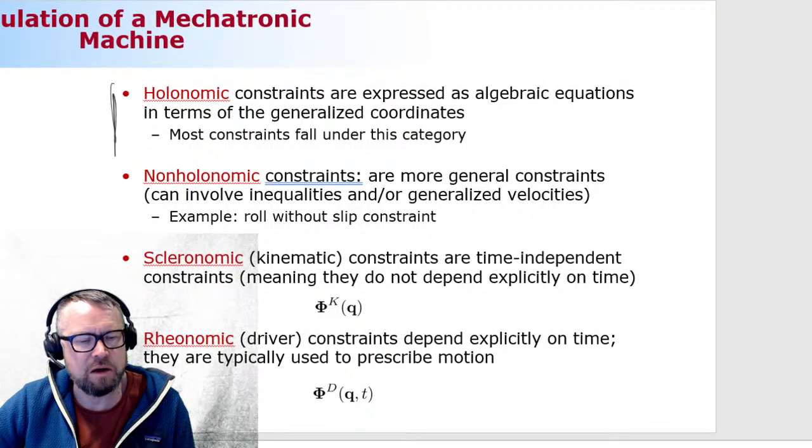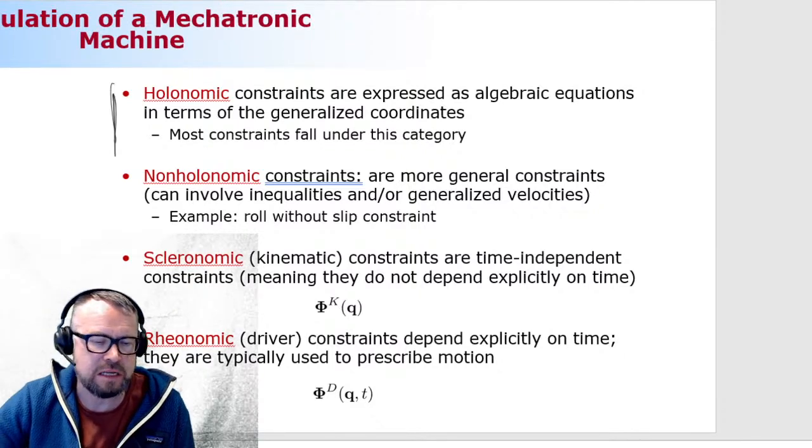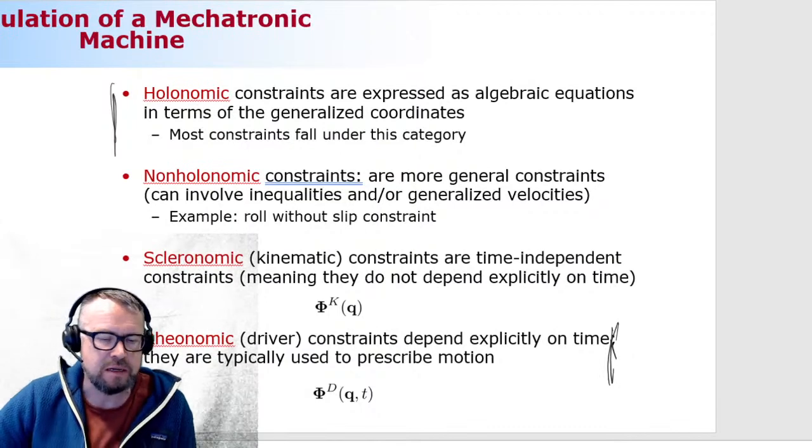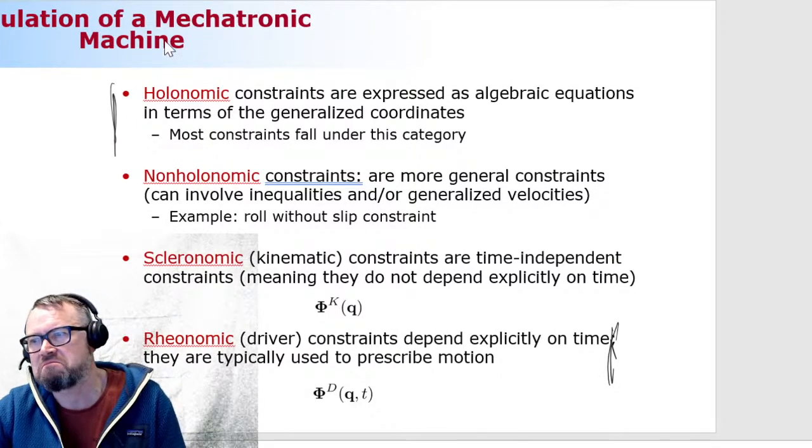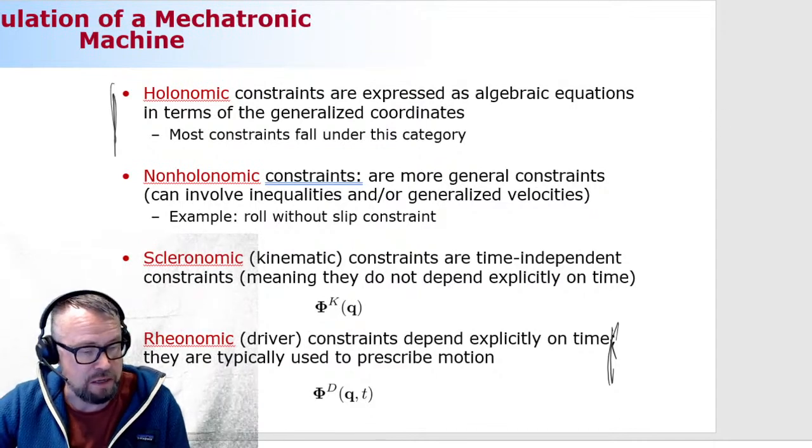Scleronomic constraints are kinematic constraints, so they are time-independent constraints. And then rheonomic, sorry about that, those are the driven constraints, the ones that were mentioned earlier. These names are not important, but basically for your information.